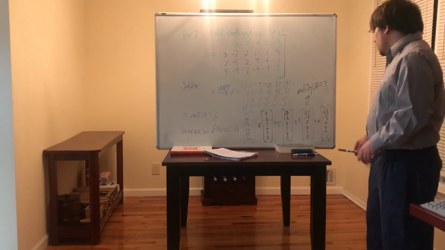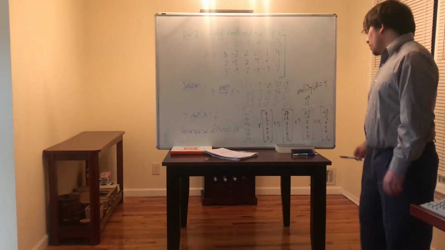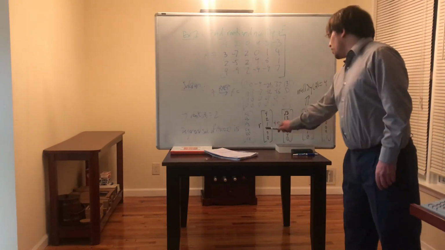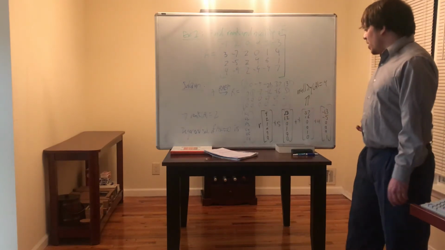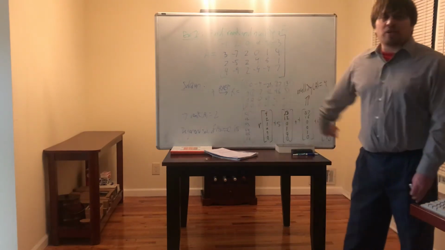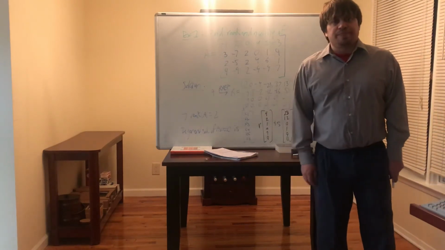You can see it's a basis because this has a 1 here, everywhere else is zeros. Here has a 1, everywhere else is zeros. Here there's a 1, everywhere else is zeros. Here there's a 1, everywhere else is zeros. You cannot express any of these 4 vectors as a linear combination of the other 3 because all 4 of them have a non-zero component where all the other ones are 0.